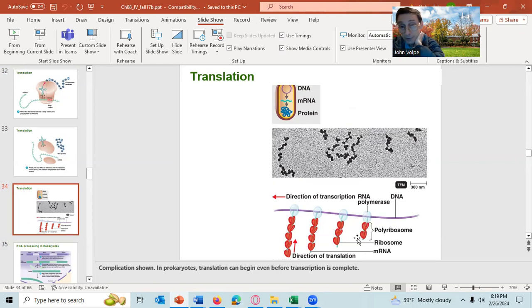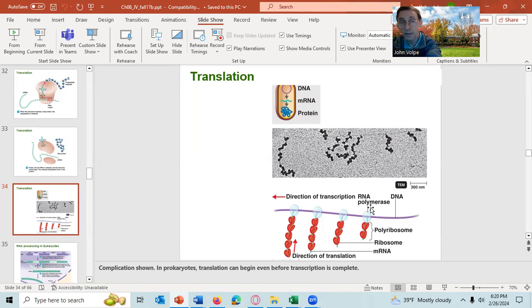The messenger RNA is shorter here than here, and so the messenger RNA is still being made, meaning that protein translation is happening at the same time that RNA transcription is happening. And that can happen in prokaryotes because both transcription and translation happen in the cytoplasm of prokaryotes. That doesn't happen in eukaryotes because in eukaryotes, transcription happens in the nucleus and then translation happens in the cytoplasm.